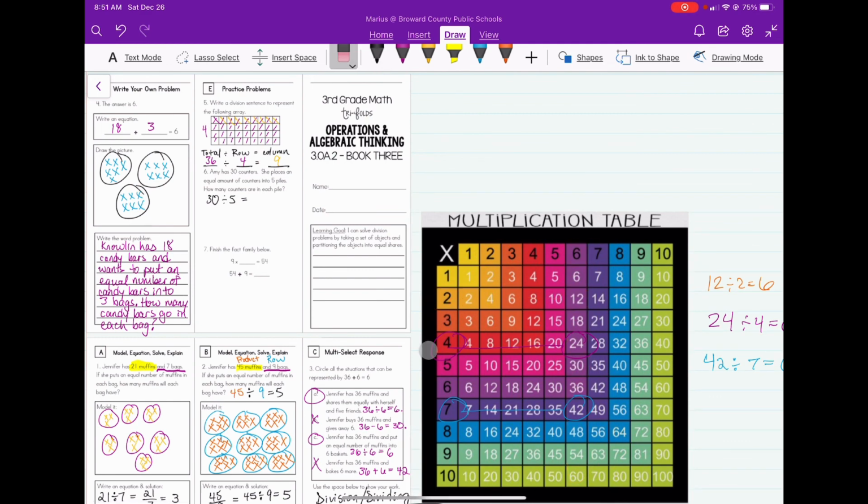Let's get rid of this here. And the 30 is the total, so I want to look for the 30 in the 5s times table. So here's my 5s times tables. And we are looking for the 30. Well, here's 30 right here. And 30 divided by 5 is equal to 6.